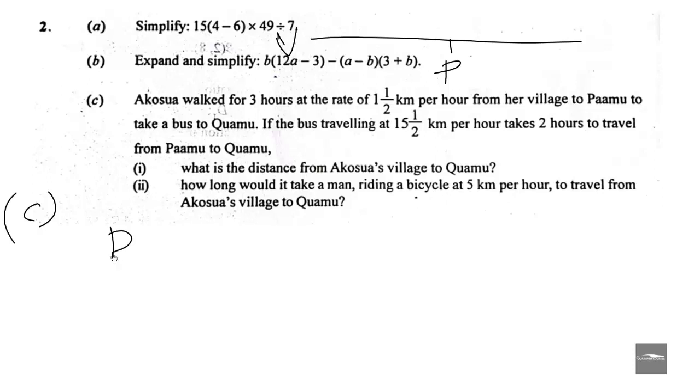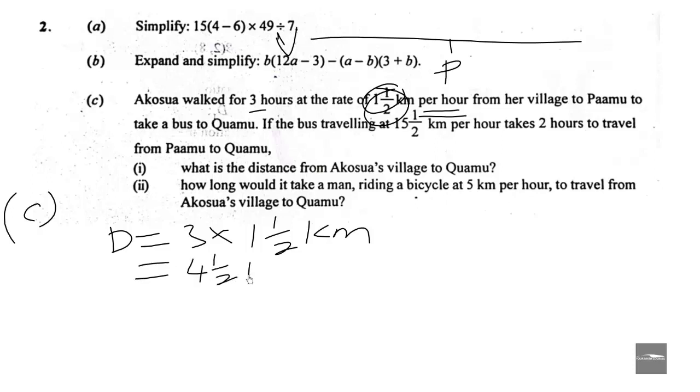So the distance covered in the 3 hours is 3 times 1.5 kilometers, because every hour, it travels 1.5 kilometers. So 3 times 1.5 will be 4.5 kilometers. That's the distance traveled from the village to Pamu, 4.5 kilometers.